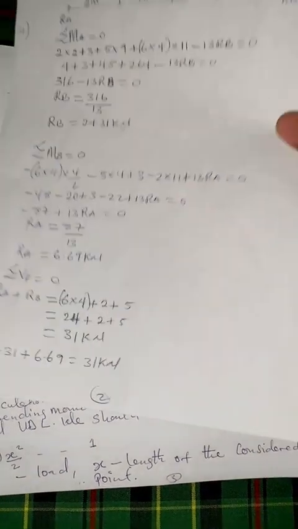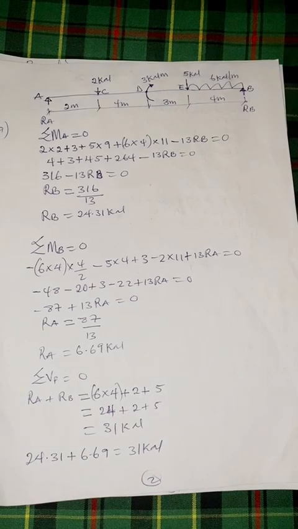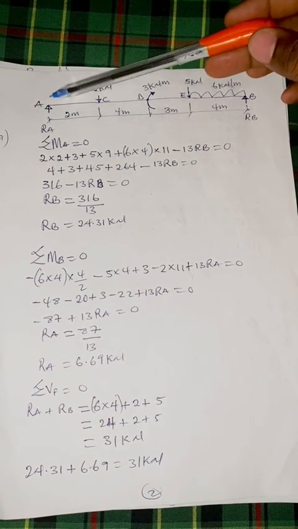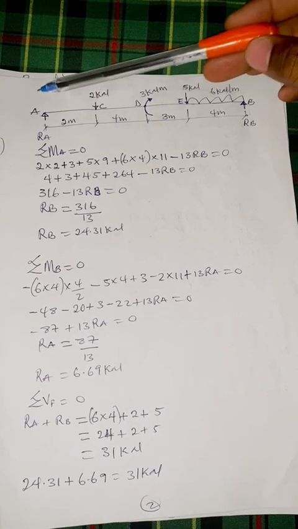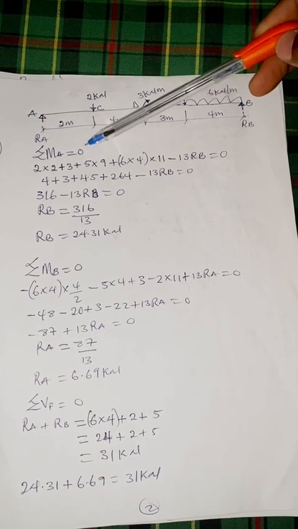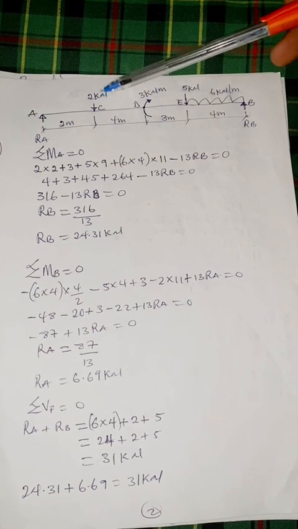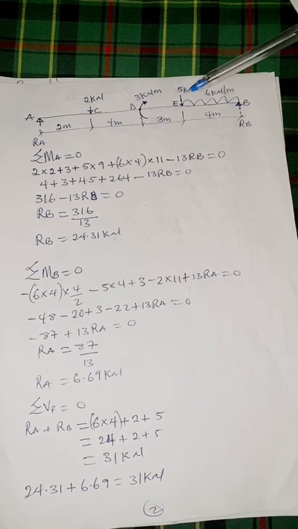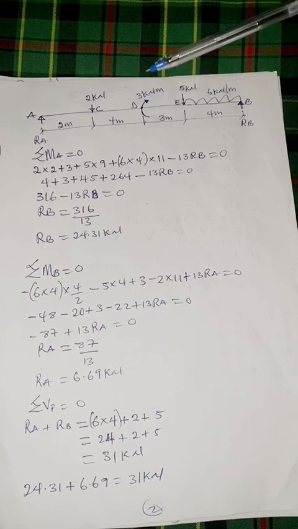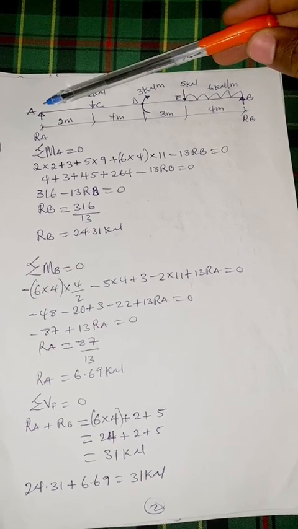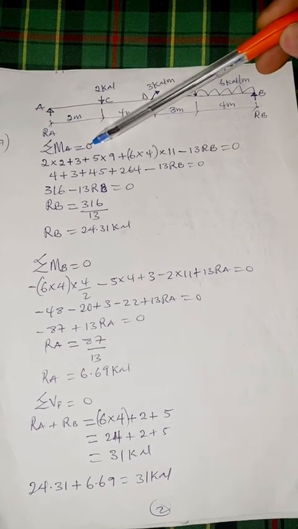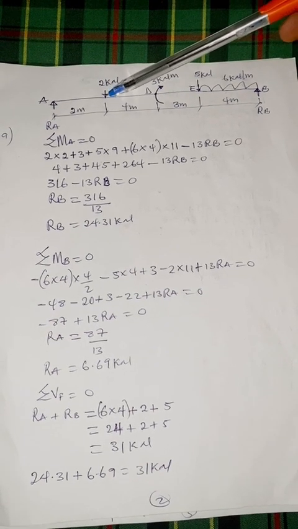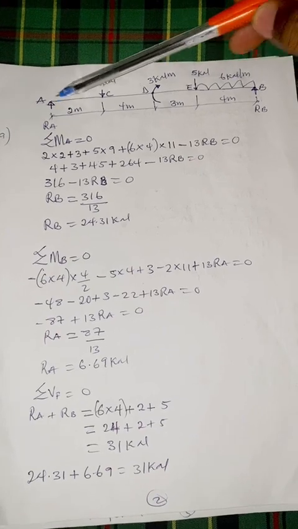Now, the first thing according to our question is to find RA and RB. This is how to go about finding RA and RB, which is taking moment at point A equals to 0. So we will be considering all the loads, either point load, UDL, or couple moment. For the first one, if you come to point C, the distance from point C to our point of moment is 2 meters.